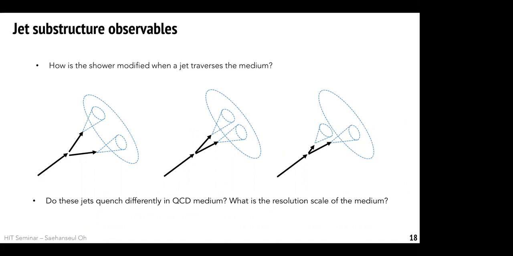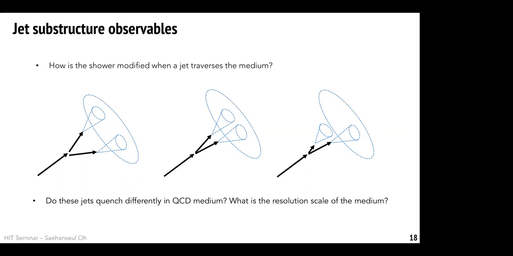Also, an interesting question is, with these three different jets, in a very simplified picture: the first jet has a wide two-prong parton splitting, the second one has a very narrow splitting, and the third one has a very asymmetric splitting. Do these jets quench differently in the QCD medium, or do they quench similarly?